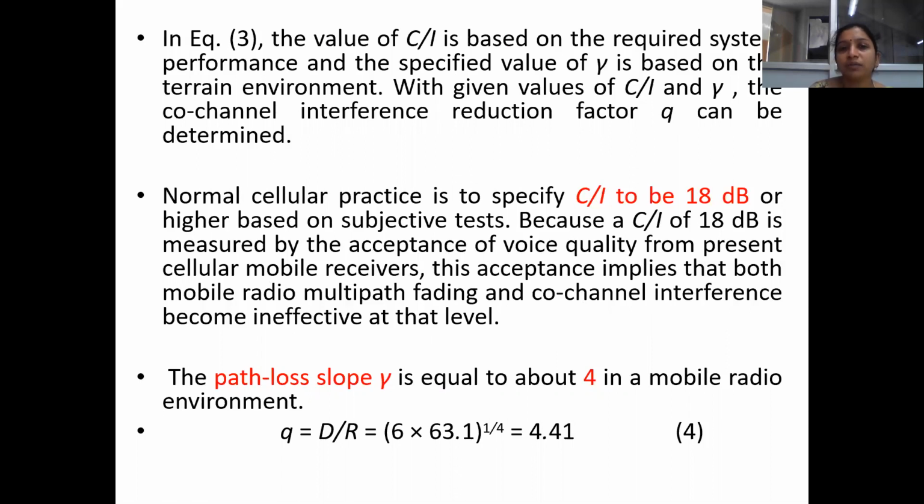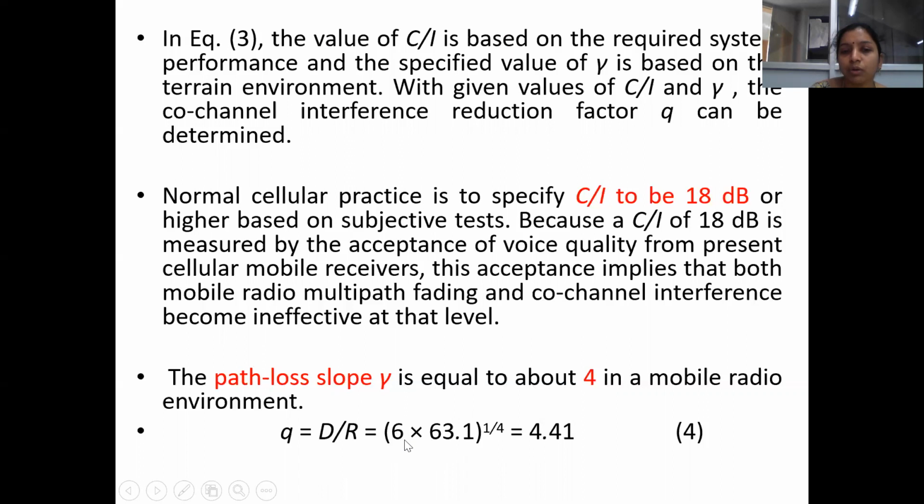If the carrier to interference ratio is less than 18 dB, the signal cannot be detected. The path loss slope gamma is 4 for the mobile radio environment, so in place of gamma we take 4.